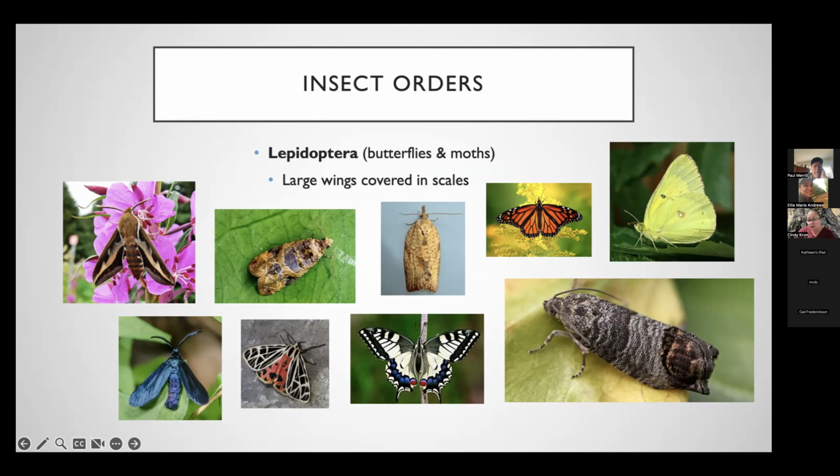You can sort of see a little tuft up here. And that's what is causing for you to see those colors. They're just all little individual scales that are on the wings that moths and butterflies have. So under magnification, you can see what I am referring to.